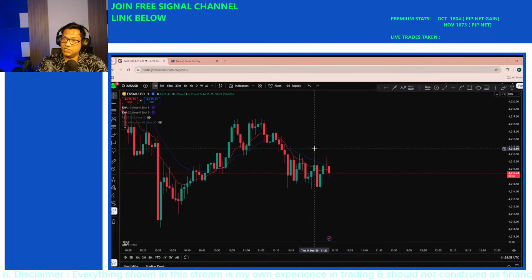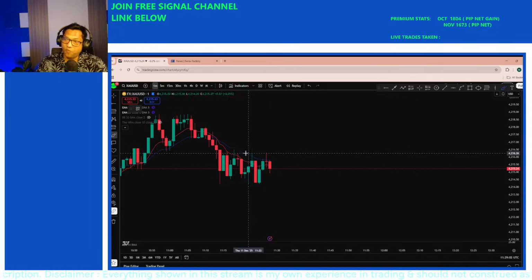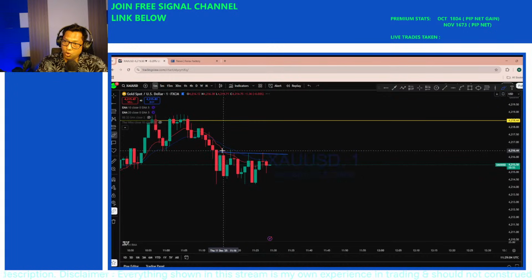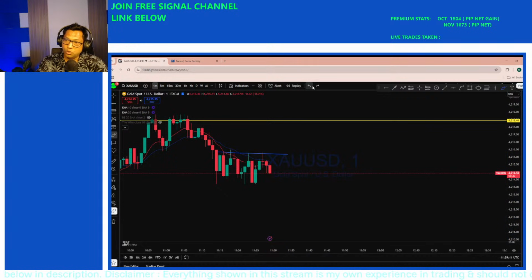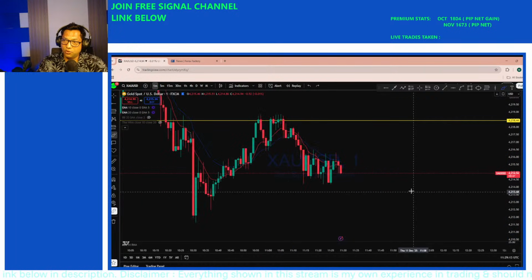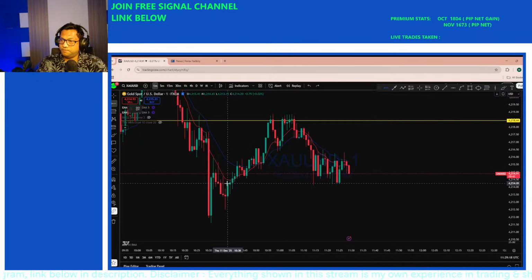So far we can see quite a few long wick candlestick patterns being formed in this area, and with those long wick candlestick patterns, I'm expecting the market to break that support and then continue to trend back below here to create a new lower low in this market.